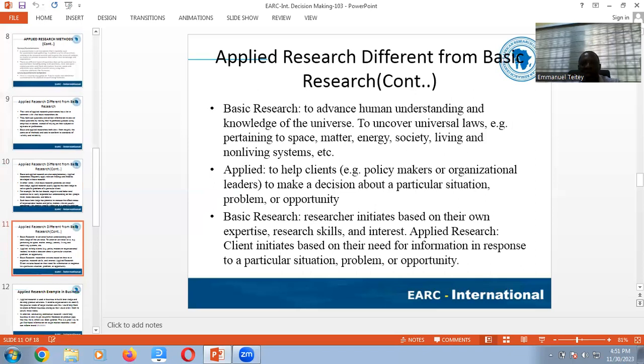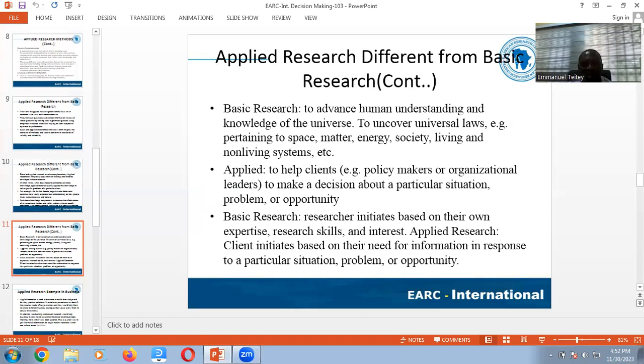The difference between basic and applied research continues. Basic research aims to advance human understanding and knowledge of the universe, to uncover universal laws, for example pertaining to space, matter, energy, society, and living and non-living systems.